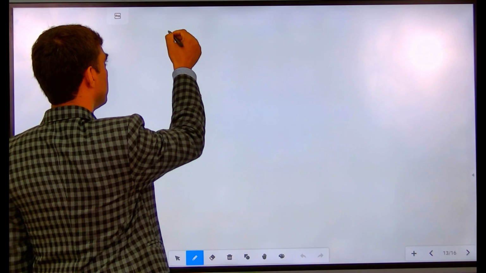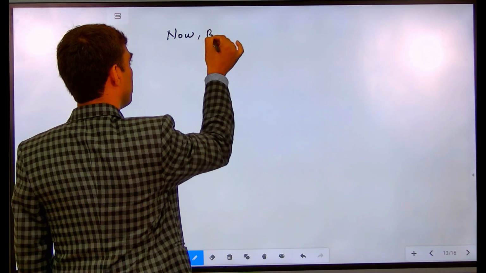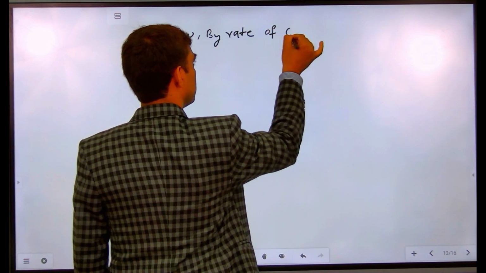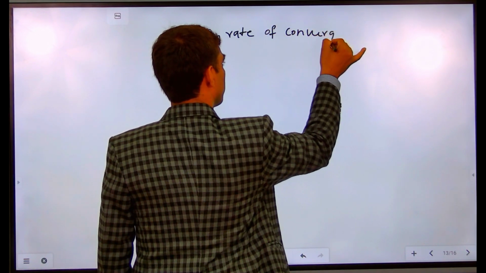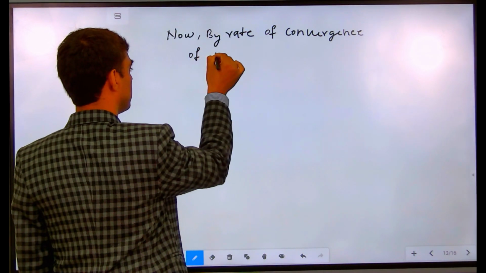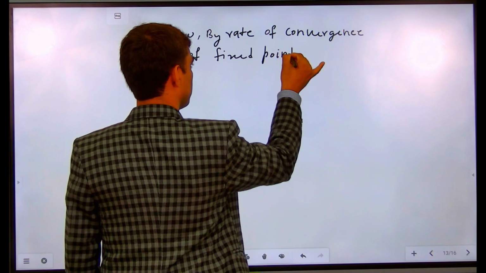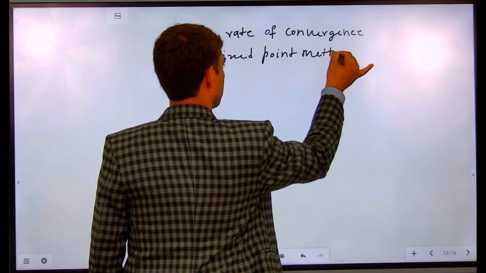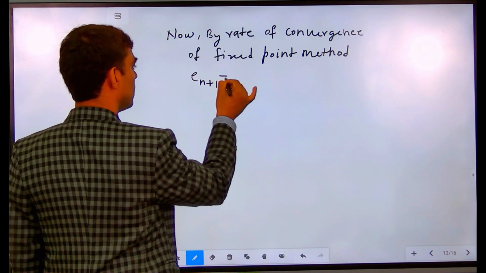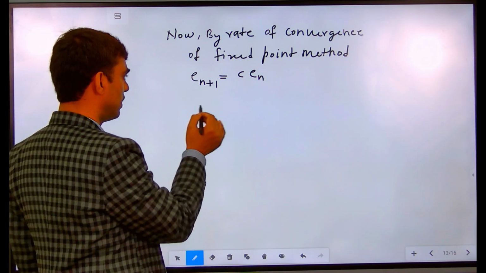As we know, the rate of convergence of the fixed point method is E_{n+1} = C E_n.